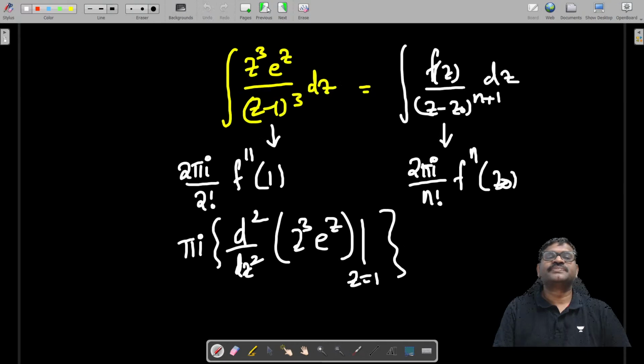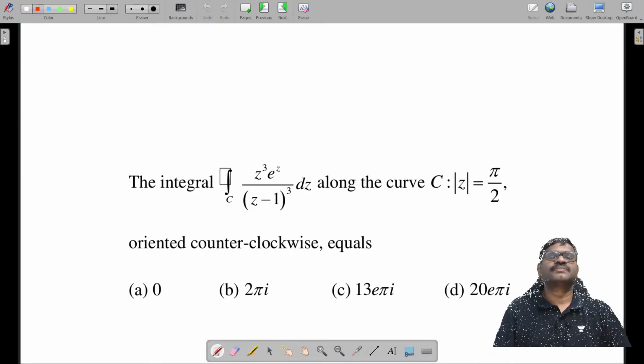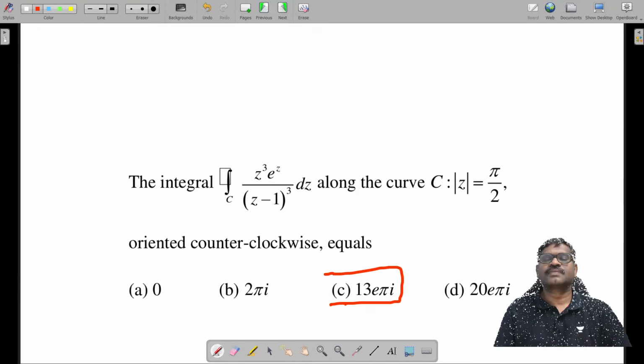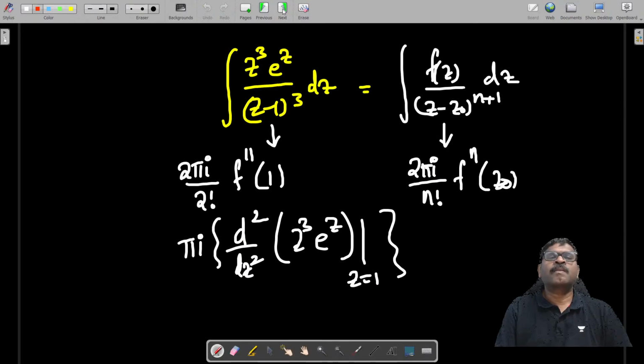Understood? It is not residue. I have not applied the residue theorem. I have applied the integral formula. That is the final answer.